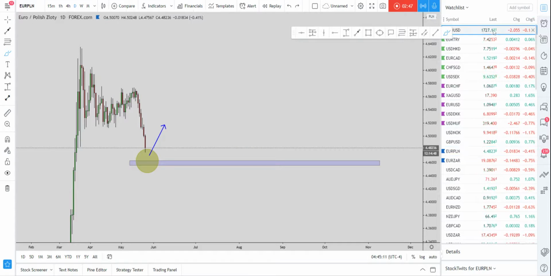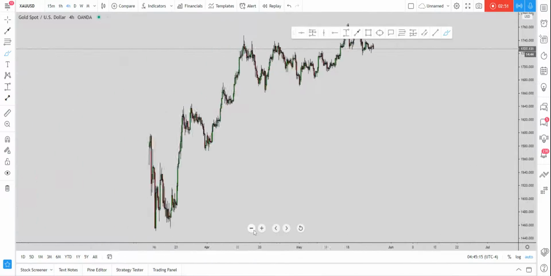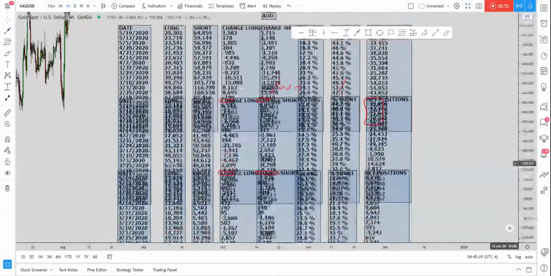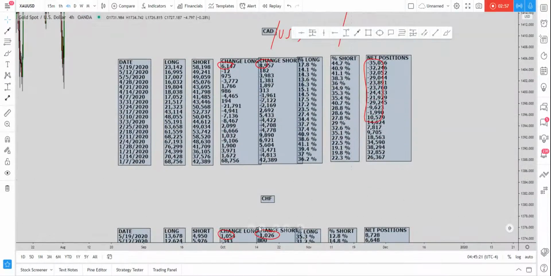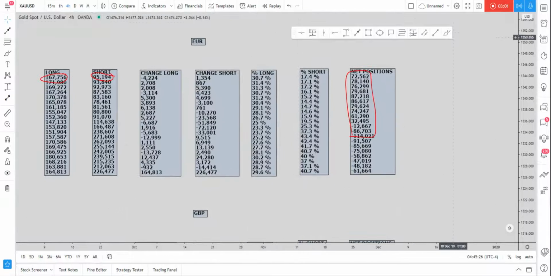If we go and see what kind of situation we have from a COT perspective, so commitment of traders, what hedge funds are doing in the market, let's go and get our euro data. We can see that overall with the last reports, hedge funds have added, obviously, yes, more shorts on the euro, but if you look at the long term, we can see that from a hedge fund perspective, they have been adding a lot of longs.